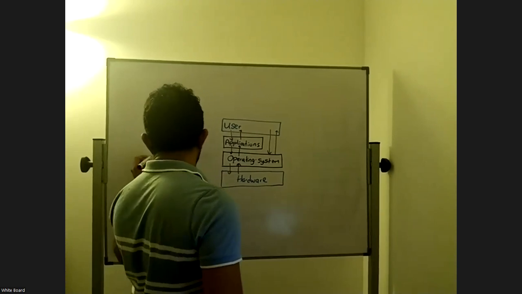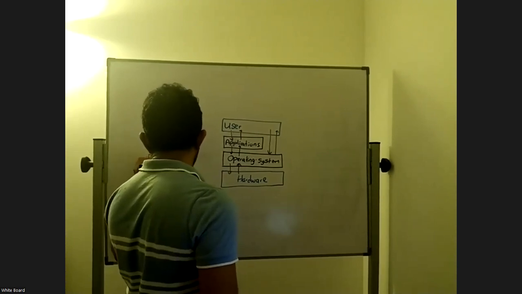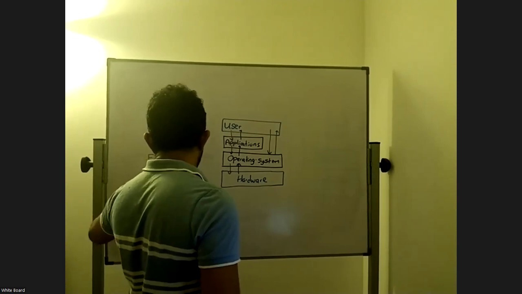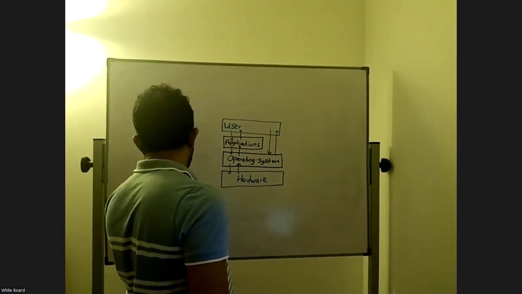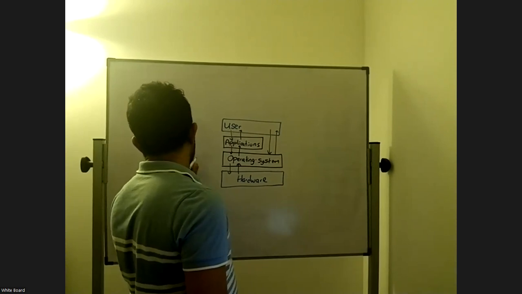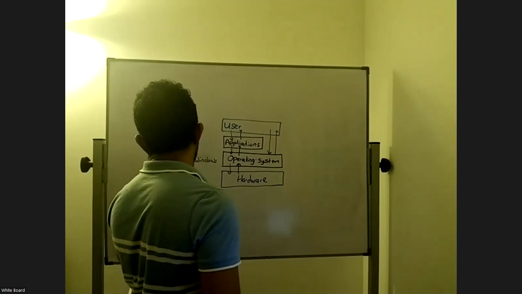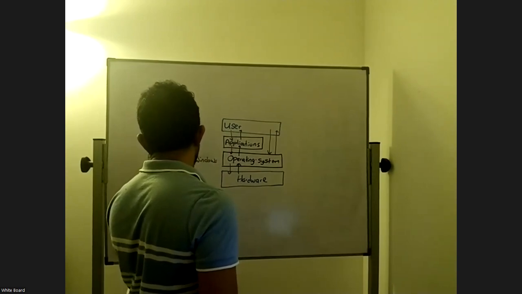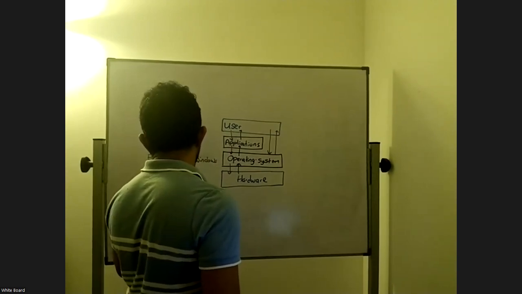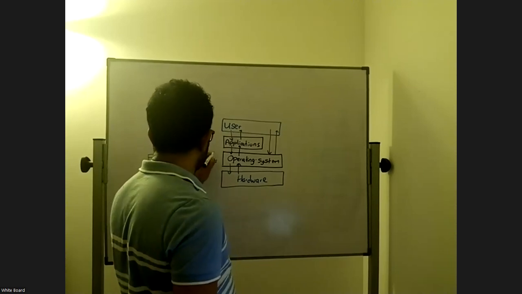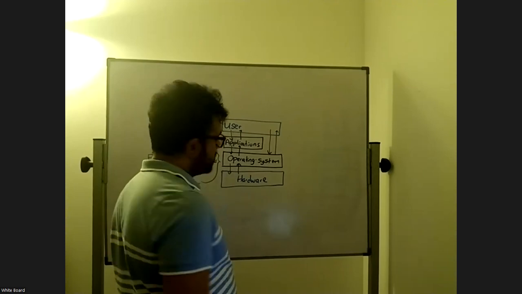So the examples are going to be Microsoft Windows, Apple Macintosh, and Linux. These are examples of operating systems, right?